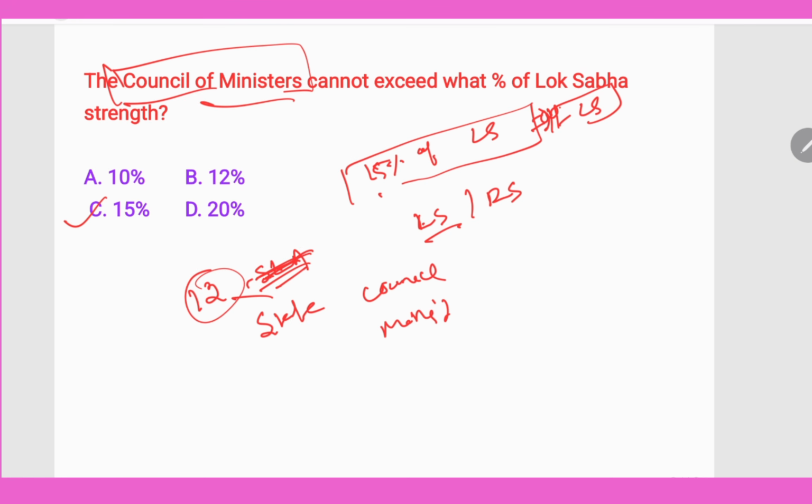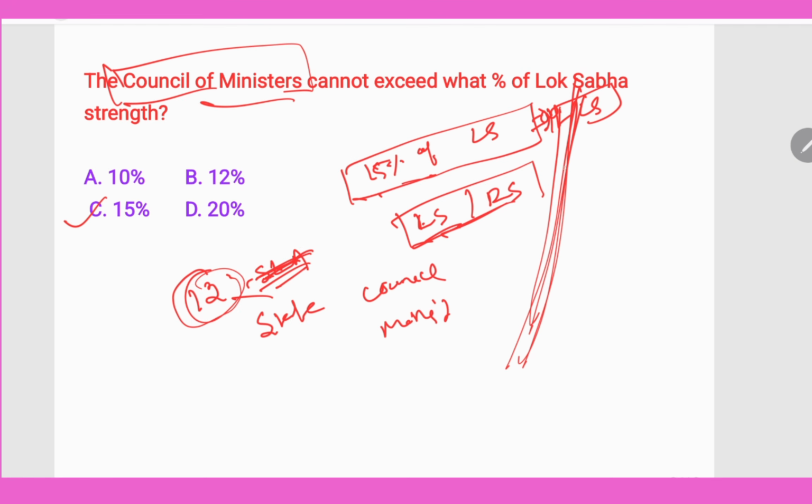It is minimum 12 or maximum 15%, and for the Centre, the Union council of ministers, it is 15% of Lok Sabha, but a minister can be from either Lok Sabha or Rajya Sabha, but the maximum should be 15%. And this rule was brought by the 91st Amendment 2003. Remember this point, 91st Amendment.